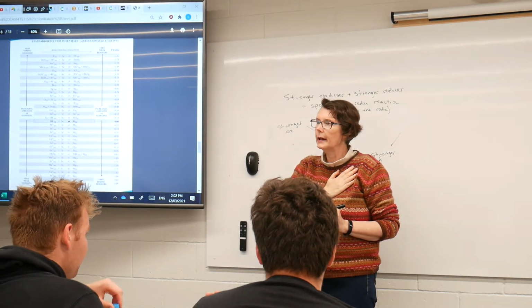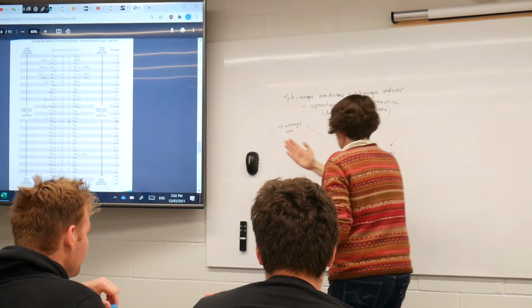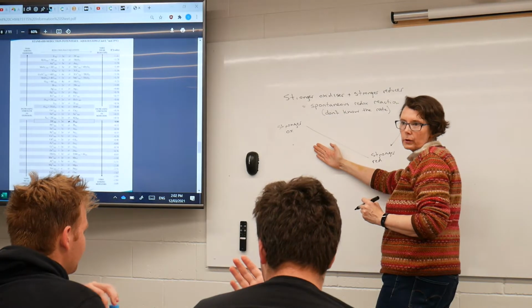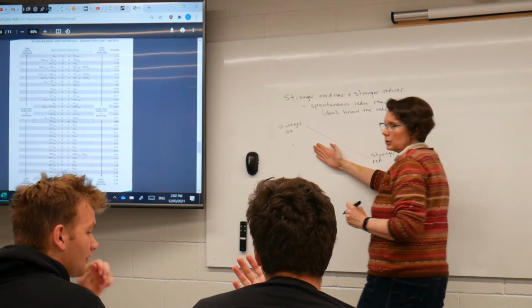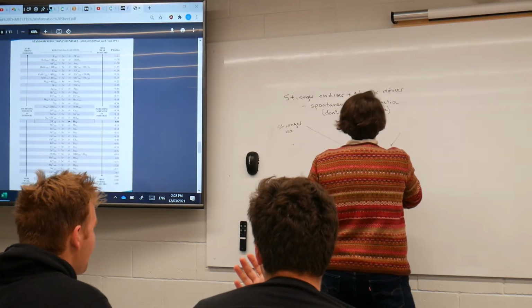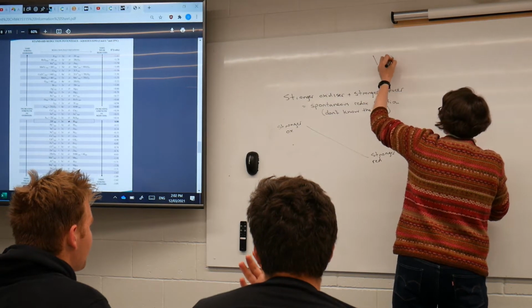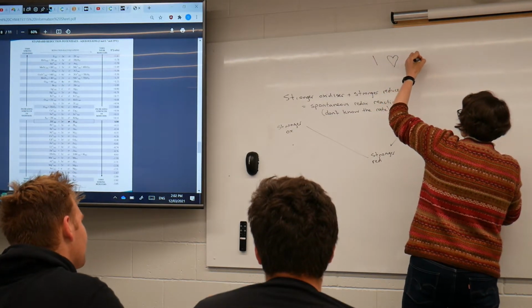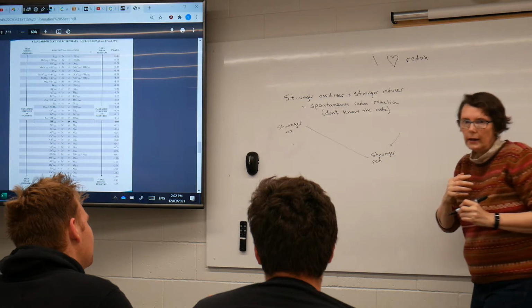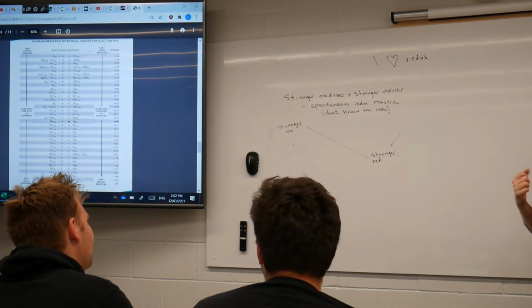So you do it with your right hand. That is the correct orientation for a spontaneous redox reaction. Okay? I heart redox. All hail the hypnotoad.